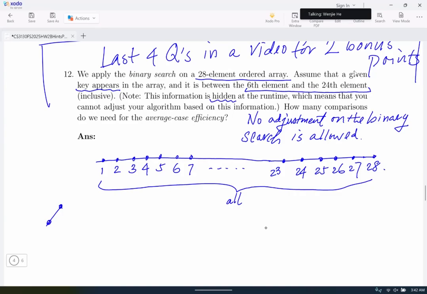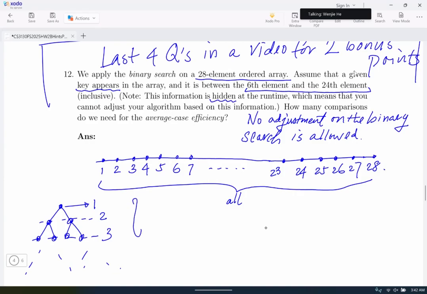When we do the binary search, the first comparison, then the second comparison, and the third level, and so on, all the way down, as we did in our module 4.